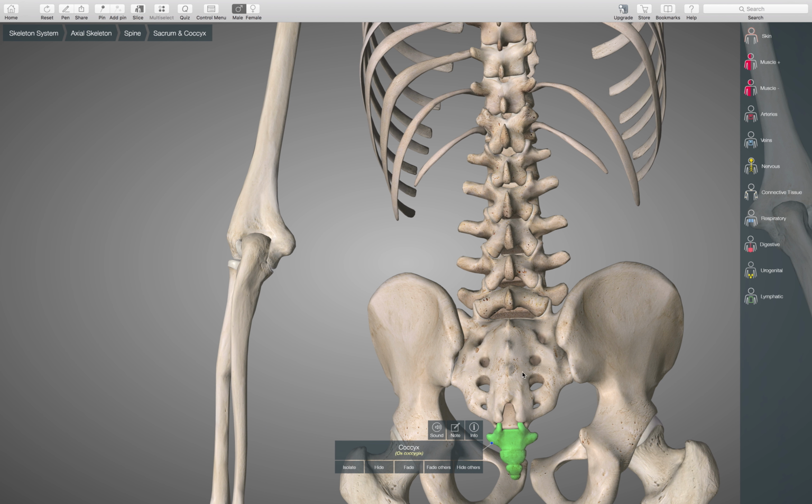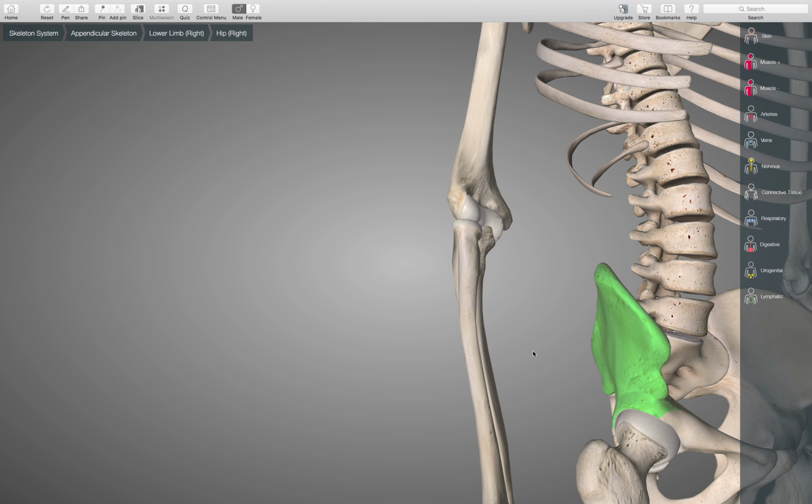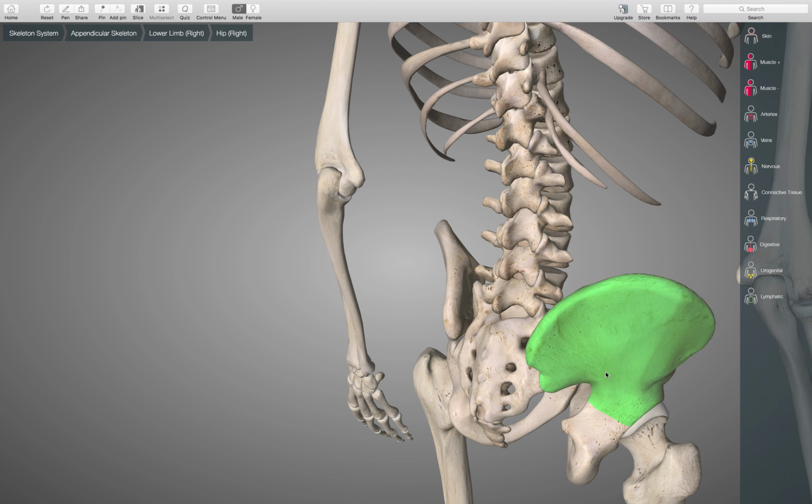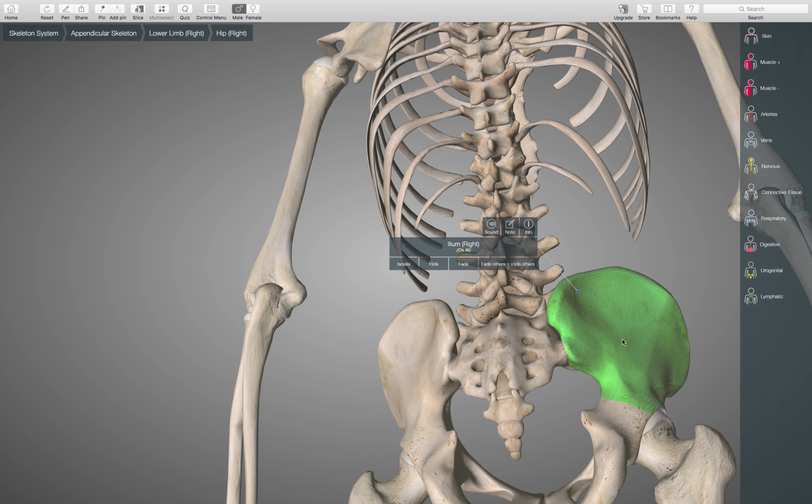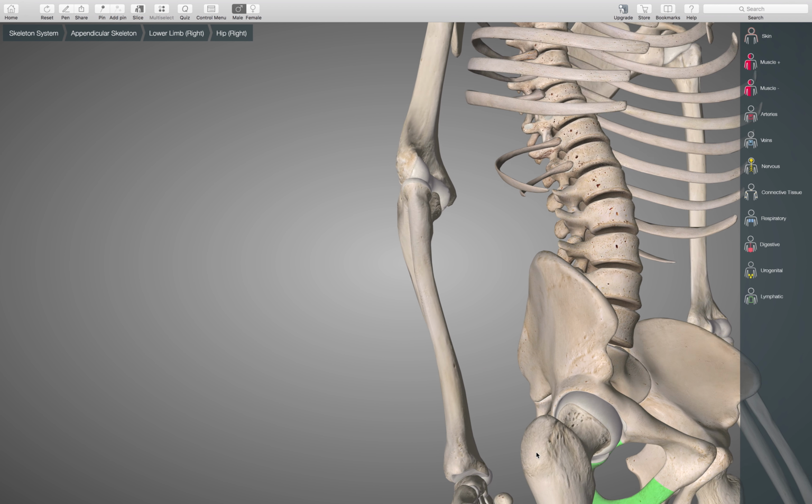Then the pelvis is separated into three parts: the ilium, the ischium, and the pubis.